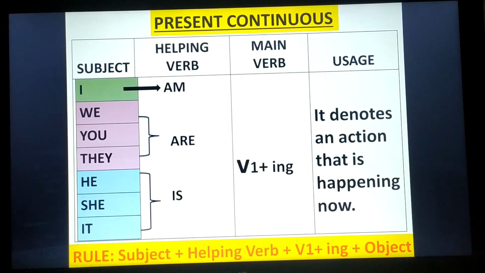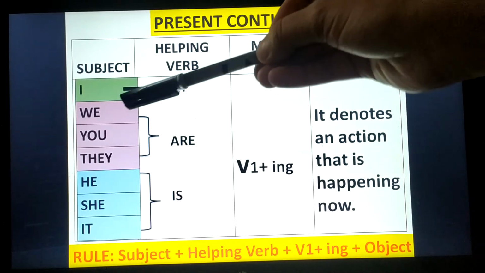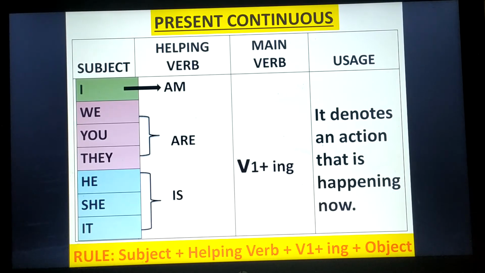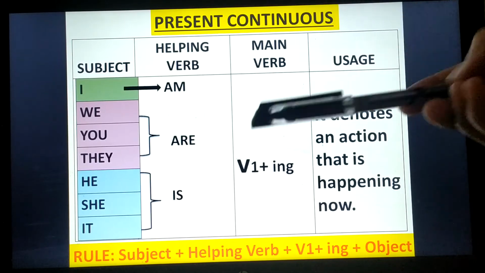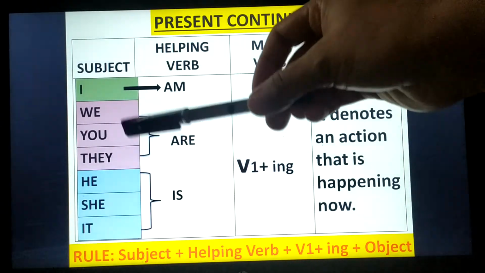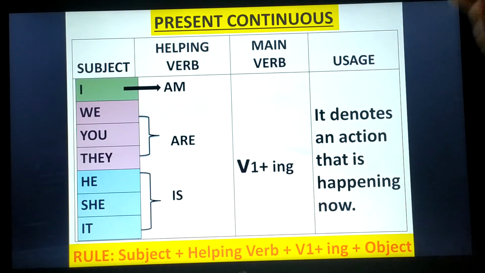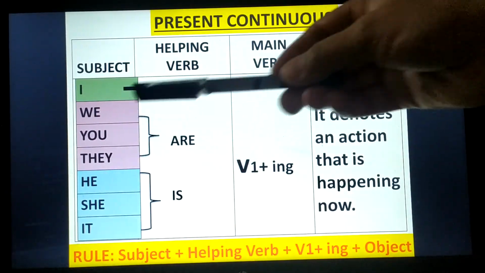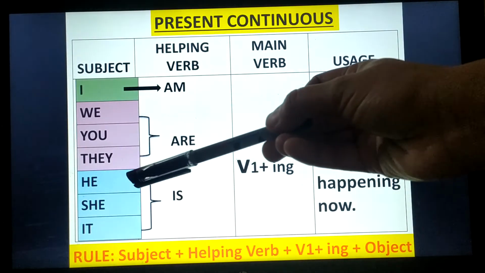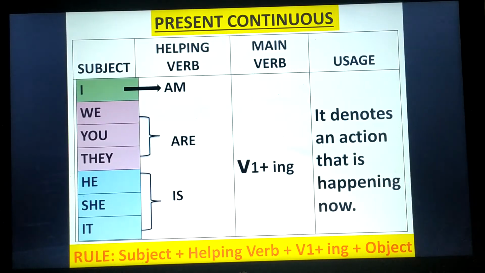First of all we will look at the subject here. As you all know, the subjects are I, we, you, they, he, she, it, or anyone's name, right? Now the helping verbs. For subject I we use am, and for we, you and they we use are. In case of plural we use are, and for he, she, it we use is, right?